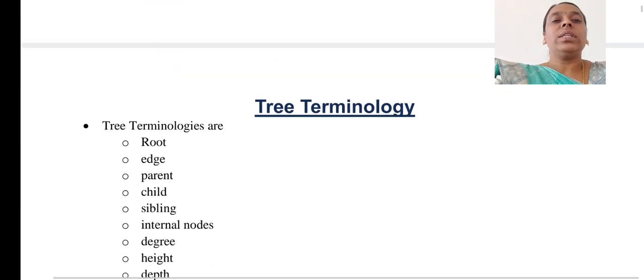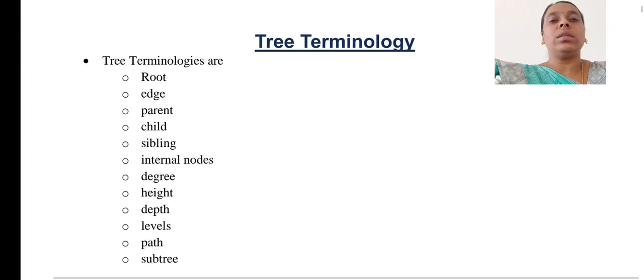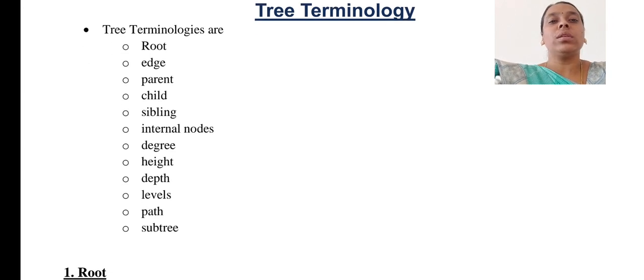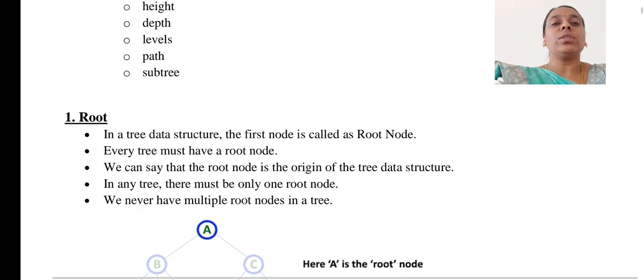Here we discuss some tree terminologies. These are the tree terminologies: root, edge, parent, child, sibling, internal nodes, degree, height, depth, level, path and subtree. The first one is the root. In a tree data structure, the first node is called the root node.